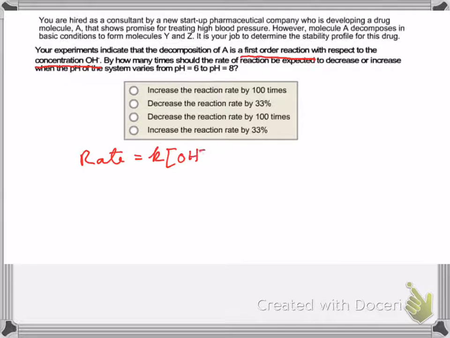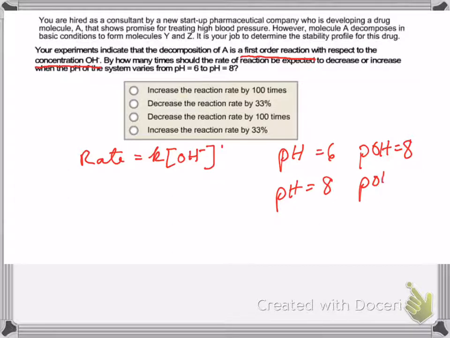The rate has been shown to be first order with hydroxide ion, and the pH has gone from 6, where the pOH would be 8, to pH of 8, which now has a pOH of 6. So the pOH is going from 8 to 6.